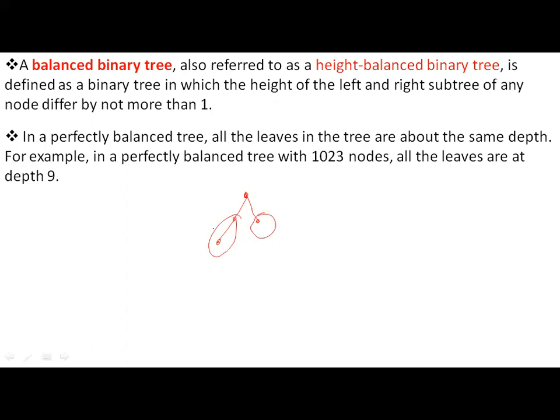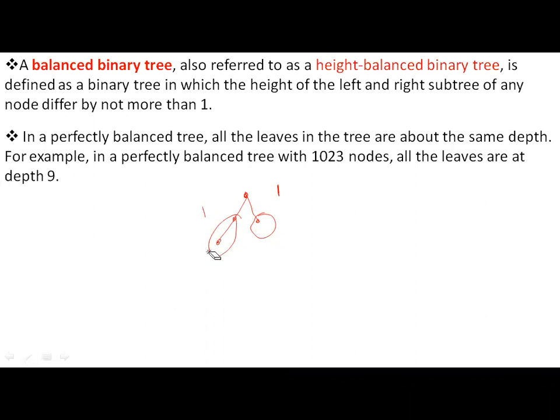You need to calculate the height of the left subtree minus the height of the right subtree. The height of the left subtree is 1. The height of the right subtree, a leaf node, is 0. So 1 minus 0 is 1. The value is 1, so it is called a balanced binary tree. Is it clear?